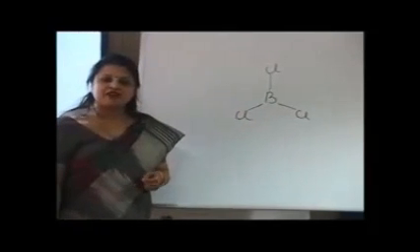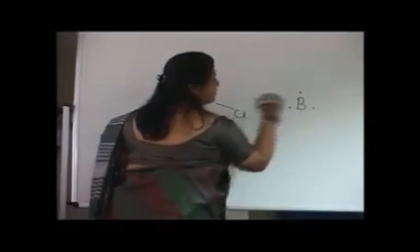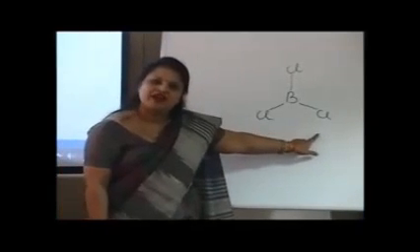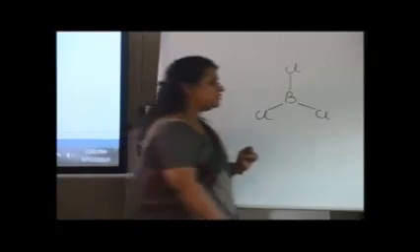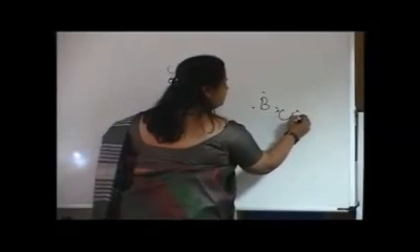Boron is having 3 valence electrons. That means 1, 2, 3. And each chlorine atom is having 7 valence electrons. It is only 1 short of the octet. That means it is going to share only 1 electron with the boron atom. Like this.